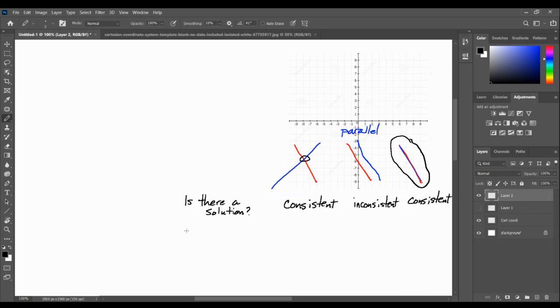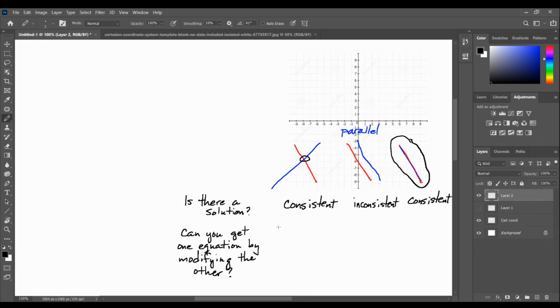The other question that's answered is, can you get one equation by modifying the other? Meaning, we have two lines that are identical, and I'm just multiplying by a factor. If so, we call it dependent.